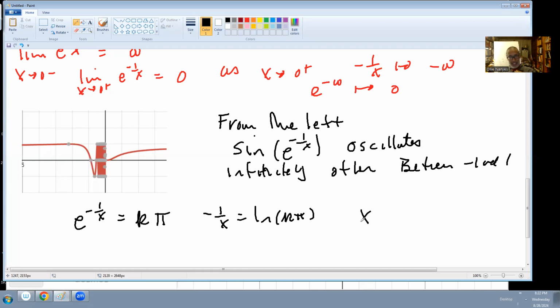We get that x is equal to minus log of k pi, or we can write this as log of 1 over k pi. This oscillates infinitely often, right? Because as k goes to infinity, 1 over k pi goes to 0.